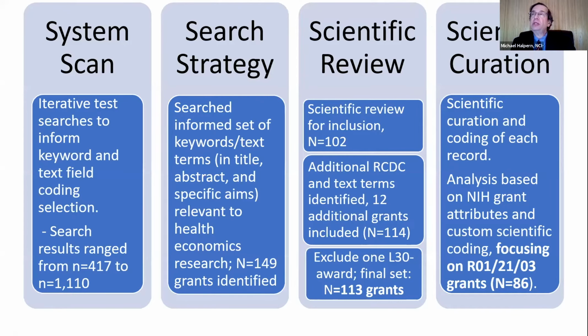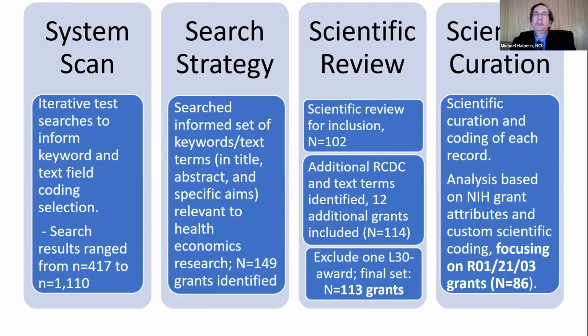This graphic illustrates the search and categorization process that we used for the portfolio analysis. We started with an iterative text search to try to identify which funded NCI grants actually included economic analyses. We started very broadly and quickly learned that we needed to narrow down our search. For example, when we started with grants that included the word cost in their specific aims or abstracts, we found more than 1,000 grants that included the word cost.